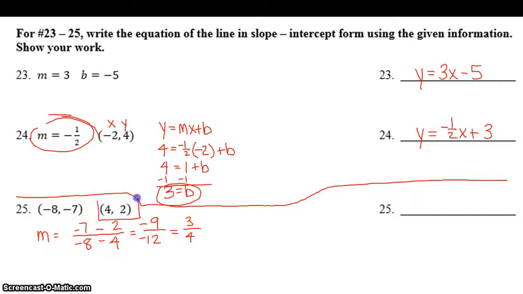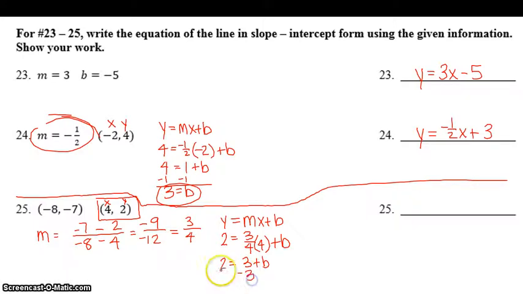I'm going to pick this one and use that to plug in to y equals mx plus b. So the y value is 2. The m we found was 3/4. The x is 4, because I'm using the point (4, 2), and then we don't know b. So when you multiply 3/4 times 4, you get 3.